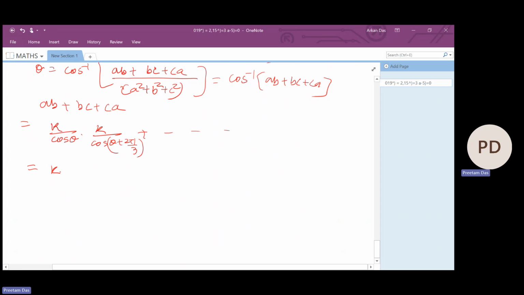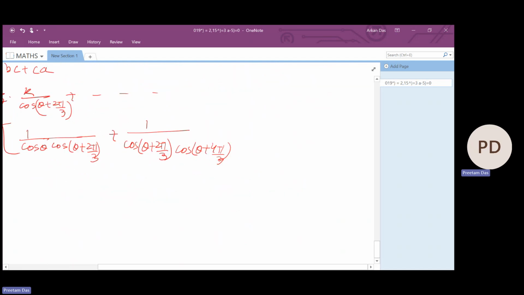So you can take K square common from all of that. So it will be 1 by cos theta cos (theta plus 2 pi by 3), and then 1 by cos (theta plus 2 pi by 3) cos (theta plus 4 pi over 3). Similarly, what will be the third term?